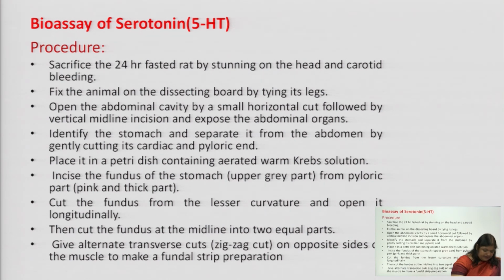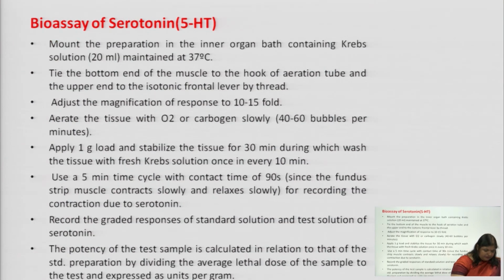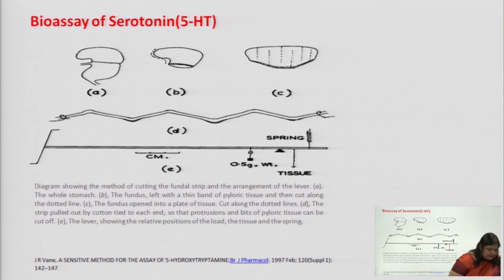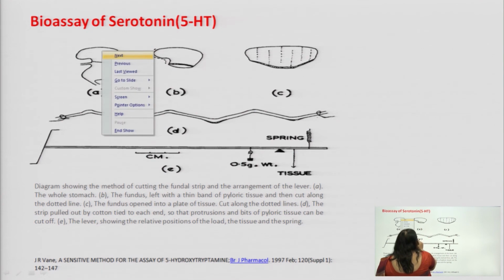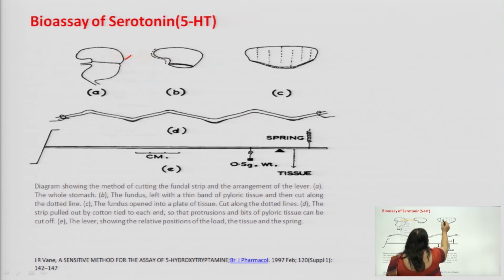I will show it to you in the diagram. This is the fundus part. This is then cut out from this, cut on this dotted line, and then by cutting along these dotted lines, this zigzag fundal preparation is prepared.